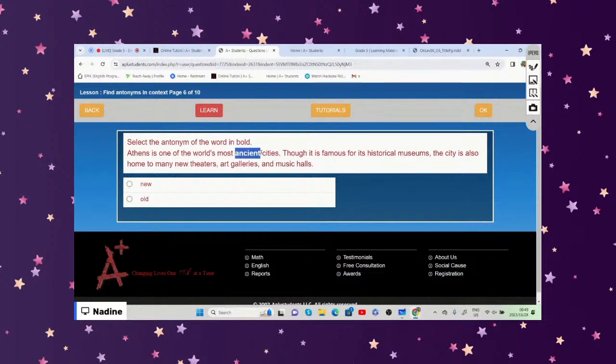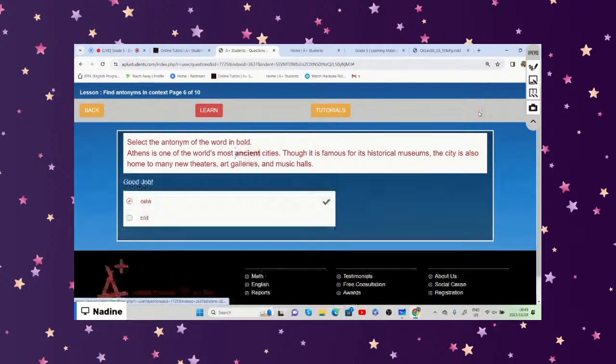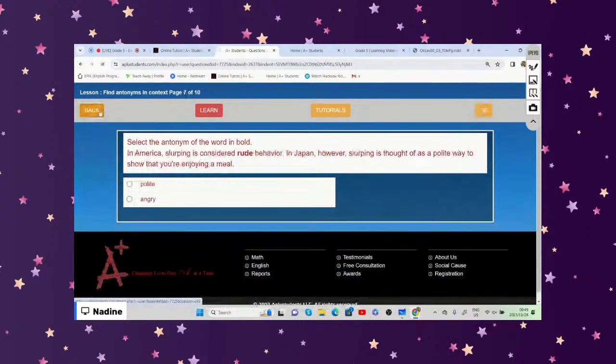Usually people talk about ancient stuff, then they talk about old stuff. So what is the opposite of ancient? Is it new or is it old? The opposite of ancient, we can say it is new. Well done, guys. New is correct.